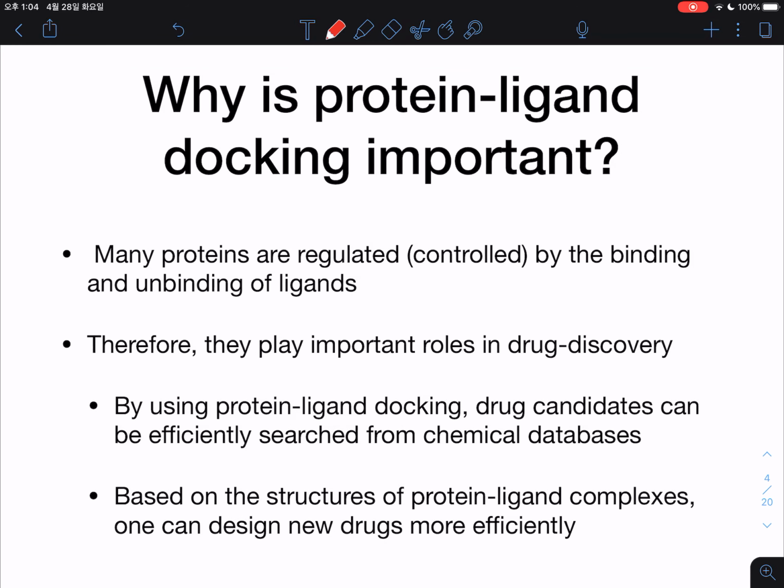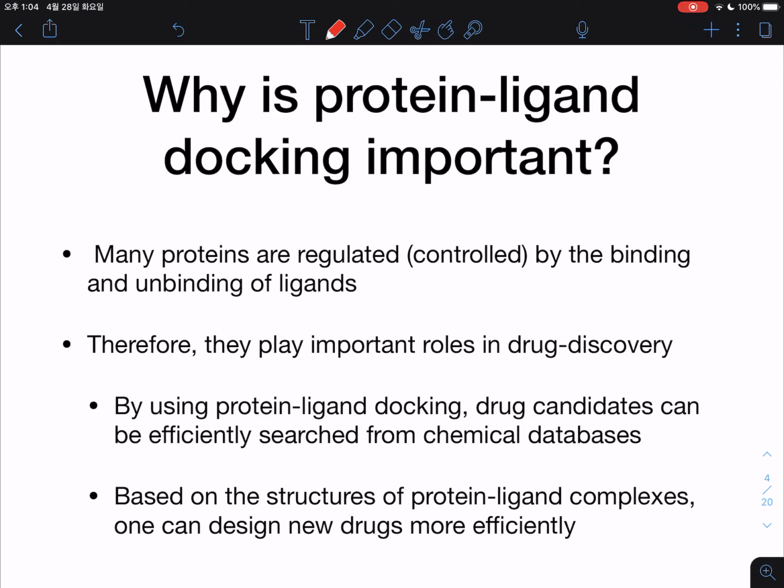So why is protein ligand docking important? Because many proteins are regulated, in other words controlled, by the binding and unbinding events of ligands, the small molecules. Therefore, they play important roles in drug discovery.